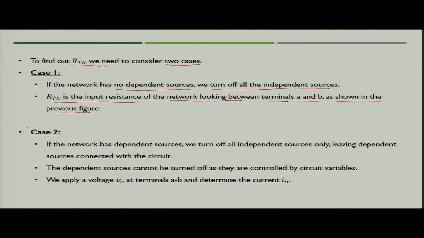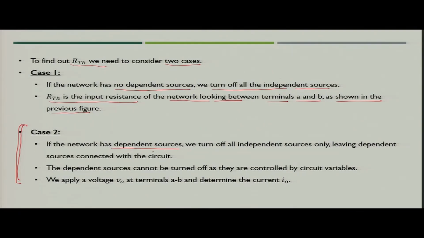In this session we will discuss more about case 2. In case the network has dependent sources, we cannot turn off the dependent source because it depends upon some circuit variable.